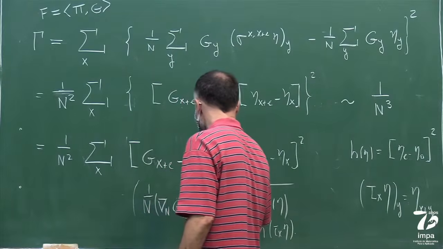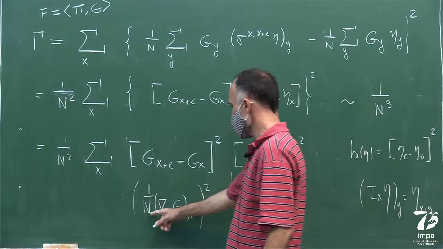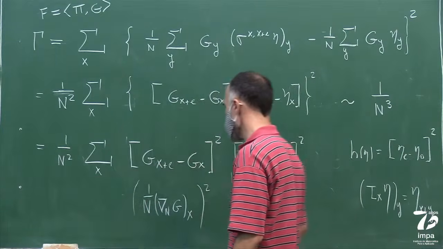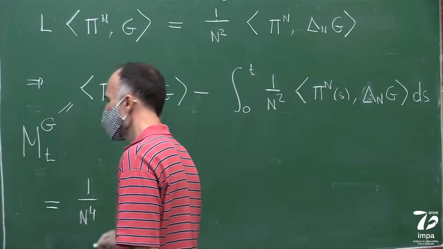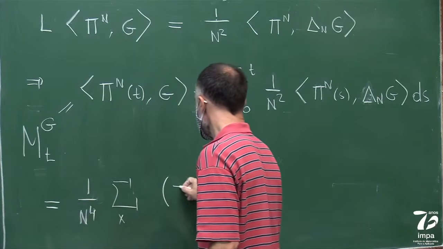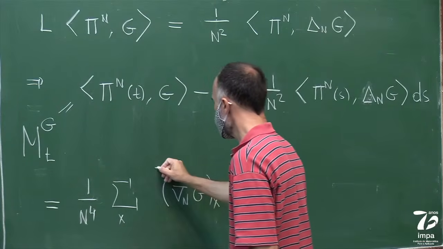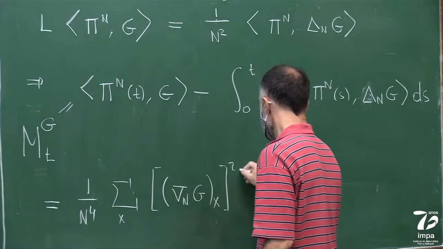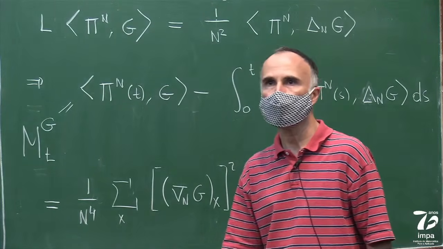And so we have here the square. And therefore, after all these simplifications, as I told you, there is a 1 over n which gets out with a square. So I get 1 over n fourth, then the summation in x of the discrete gradient of g computed at x, square, and then the translation of this function h. So this is gamma.